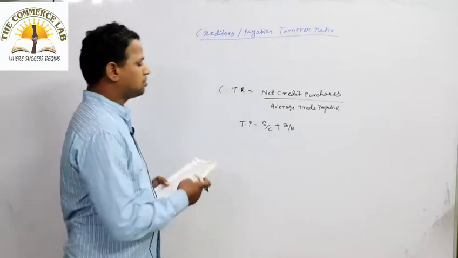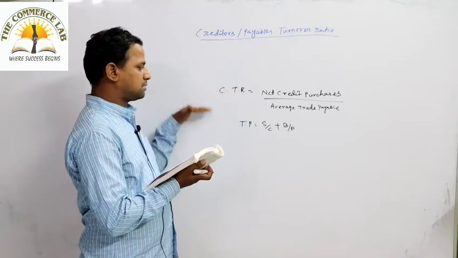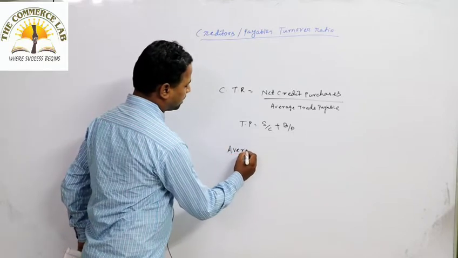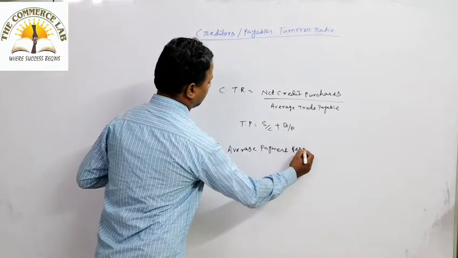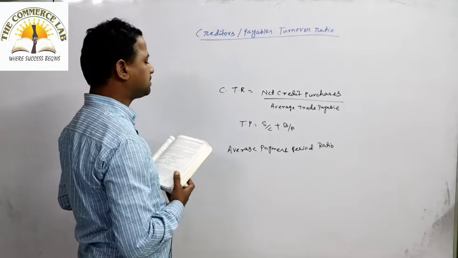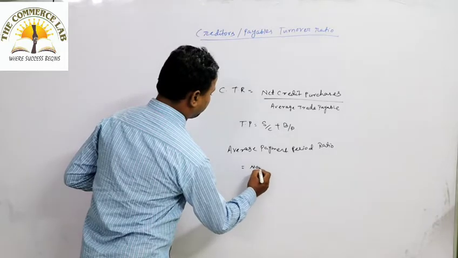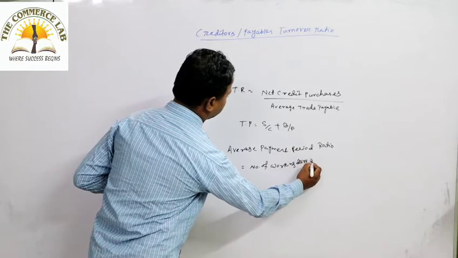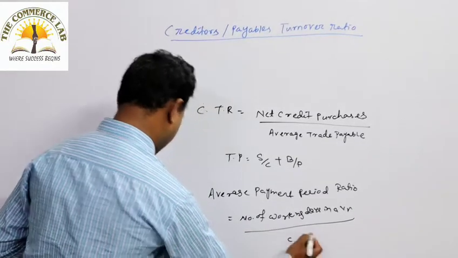But there is another ratio we have to calculate, parallel to the creditor turnover ratio, that is the average payment period, or average payment period ratio, APP. How do we calculate it? It is the number of working days in a year divided by the creditor turnover ratio you have already calculated.